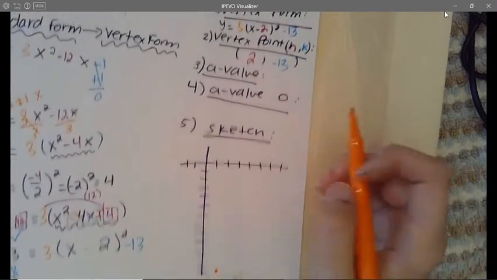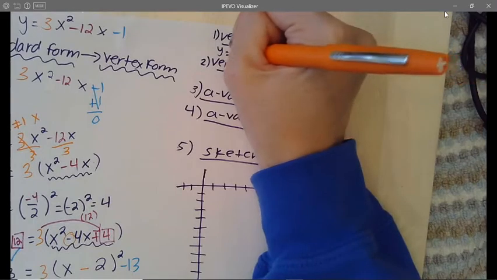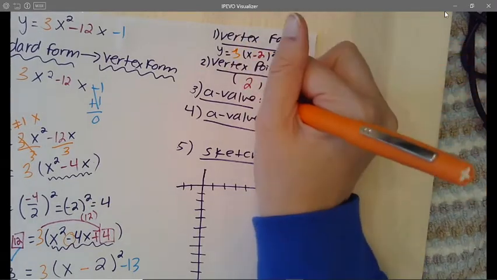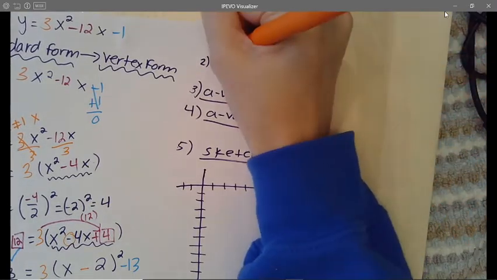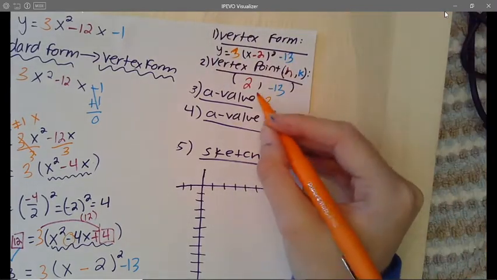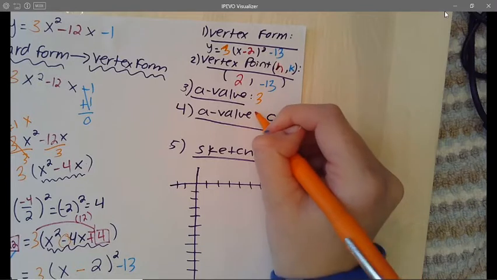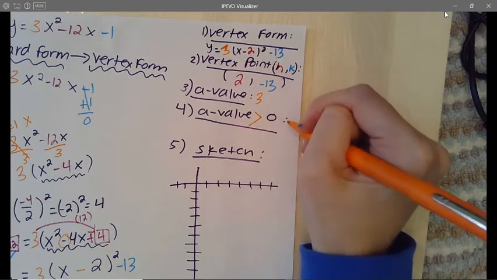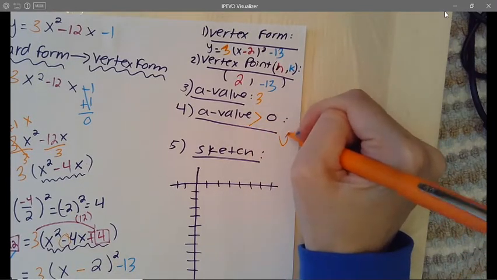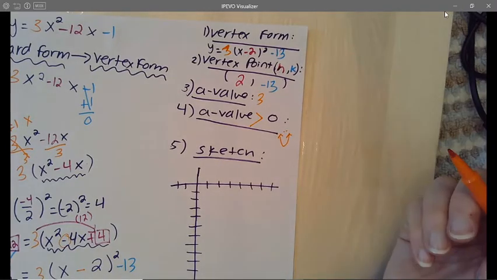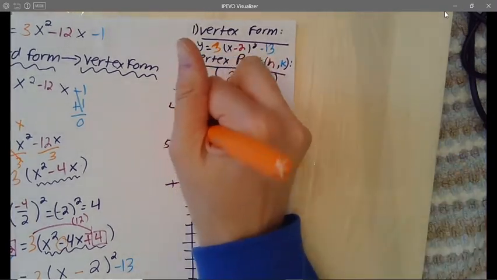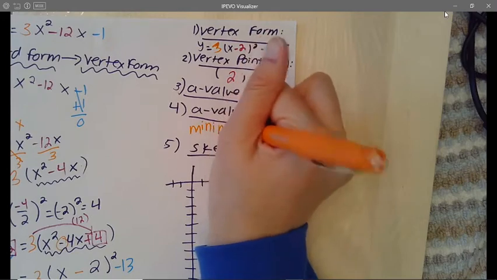The a value is the number out in front, the number right before the parenthesis, which is a 3. That's a positive number, so the a value is greater than 0. And since it's positive, don't forget, it's a happy parabola, happy face, and happy parabolas have a minimum.